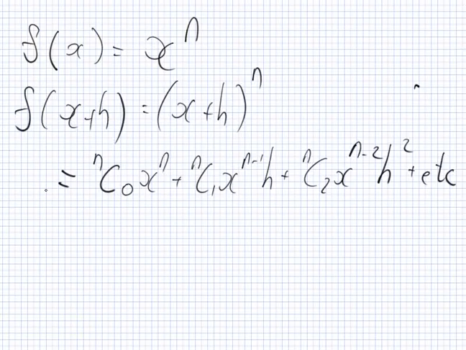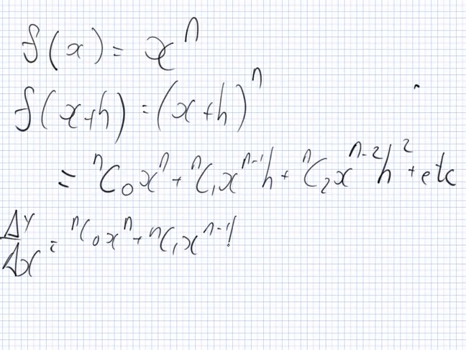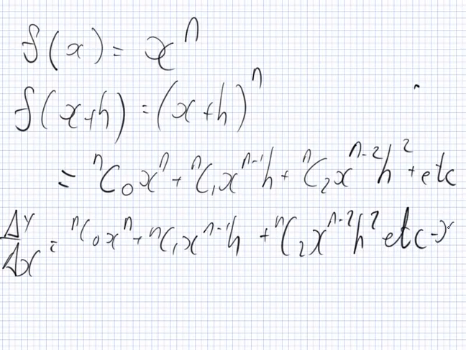So then, using the rule, delta y over delta x would equal that whole thing minus x^n plus nC2 x^(n-2) h squared, etc., minus x^n, all over h.